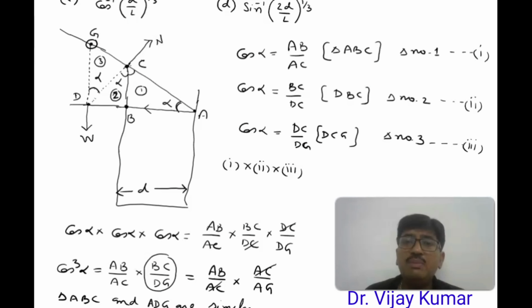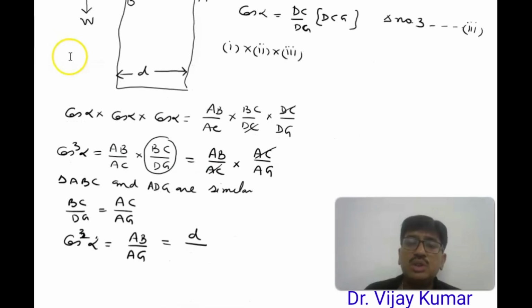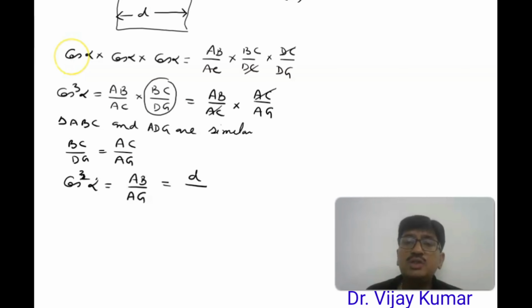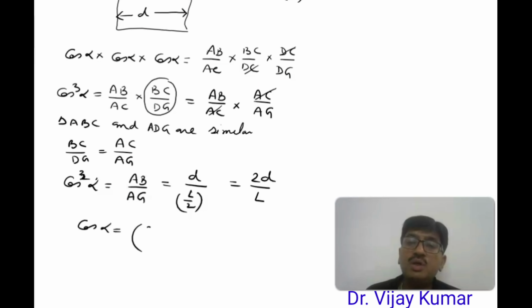Length of the rod is L, so AG should be L by 2. So cos cube alpha equals 2D upon L, and cos alpha should be 2D upon L to the power 1 by 3.